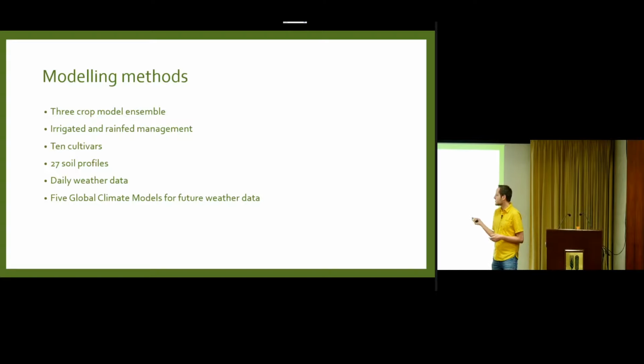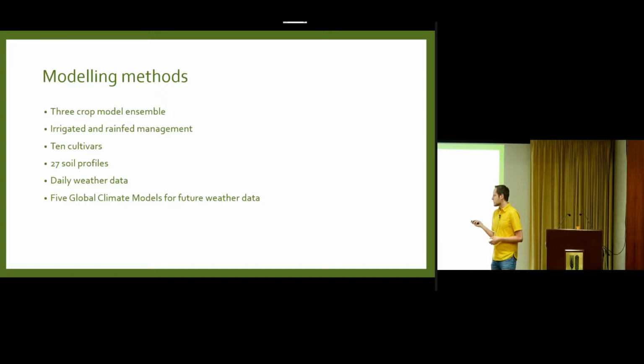So I studied irrigated production and rain-fed production separately. In irrigated production, you sometimes add water when there is not enough water, and in rain-fed production, the crop just depends on how much rain there is. These 2 production systems also have their own nitrogen fertilization rate. Depending on which country, you use a high amount of nitrogen for the irrigated production and a lower amount for the rain-fed production.